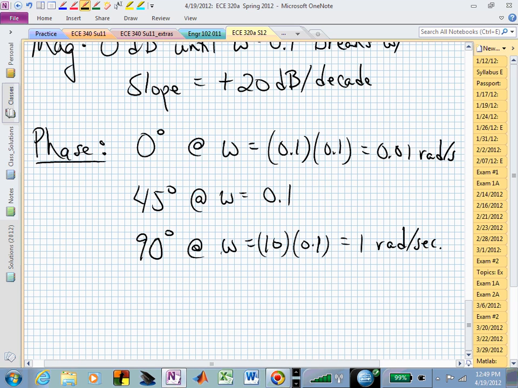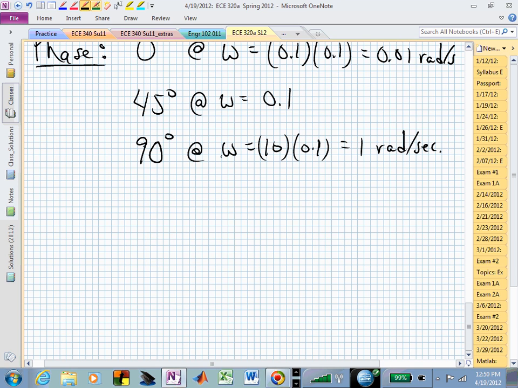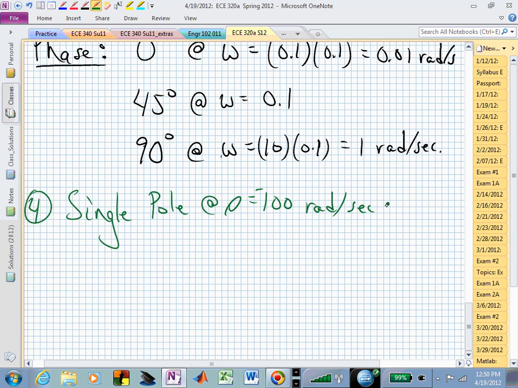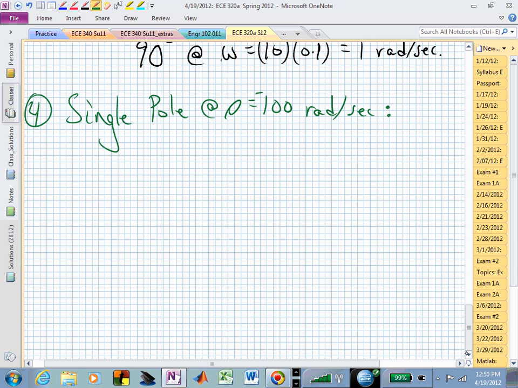And these are just single pieces. Let's now look at the last piece. This piece is just like what we did for the single zero, except now we have to think about where it happens, which is this single pole at minus 100 radians per second. It's this real pole out in the left half plane at minus 100.